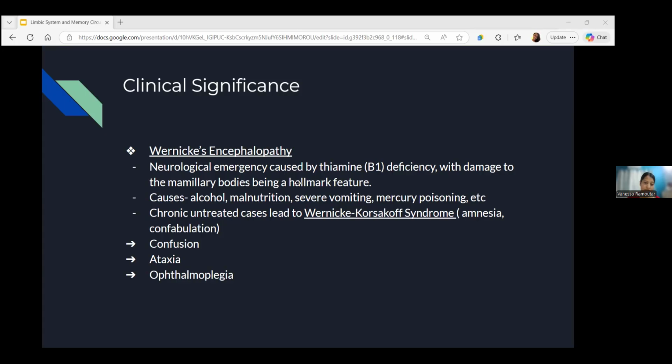And this leads to patients filling in the gaps in their memory, which is termed confabulation. Some causes include alcohol, malnutrition, severe vomiting, mercury poisoning, and in chronic untreated cases, it can lead to Wernicke-Korsakoff syndrome, which includes amnesia and confabulation.